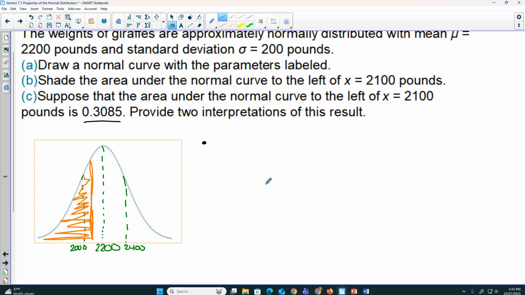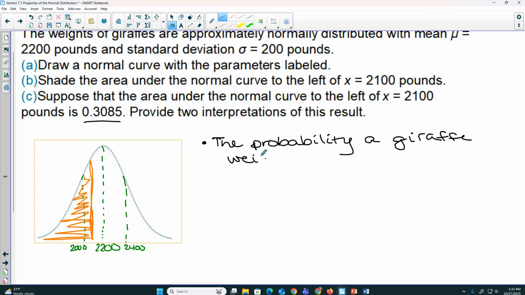So what is one thing I could say about that? It can be interpreted as the probability of a point being in the shaded area is 0.30. Good, so the probability. If I want to be more specific, we're talking about weights of giraffes. So a giraffe weighs, would be greater than or less than?